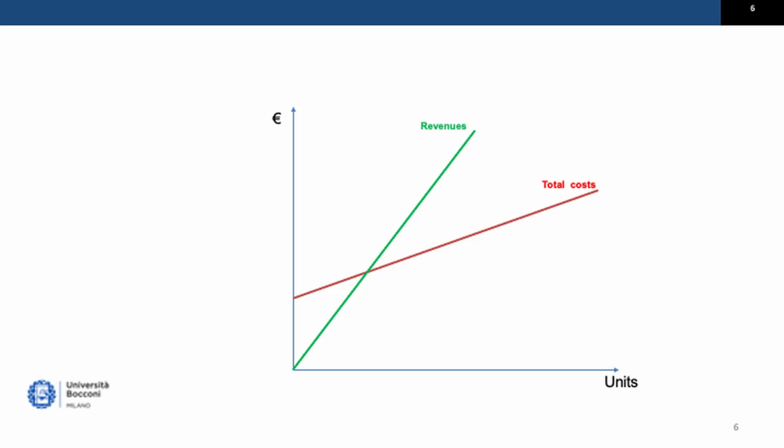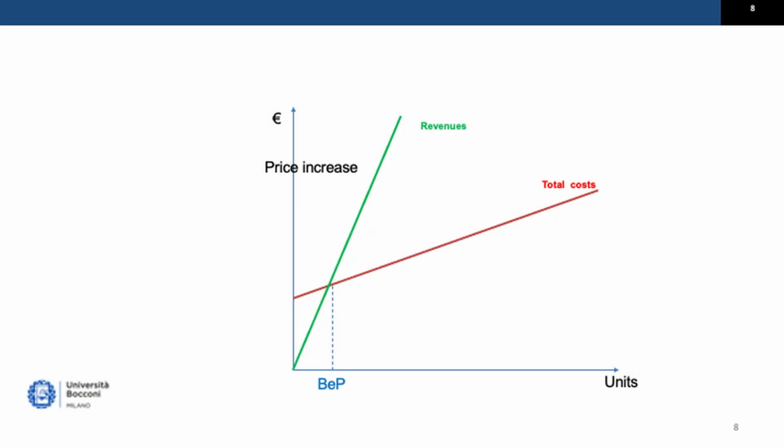The graphical representation is able to provide us with some insights about the changes in price. When the price increases, it means that the slope of the line becomes steeper, so the green line meets the red line earlier. That means that we need to sell a lower amount of units in order to cover the total cost and to start getting profits.